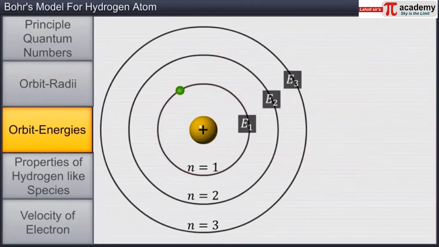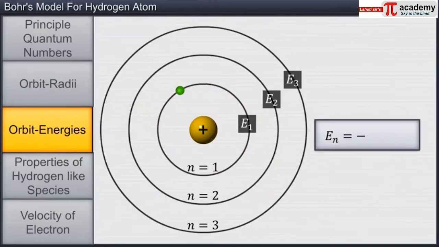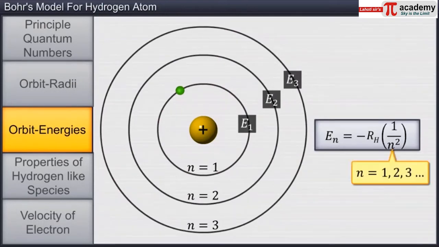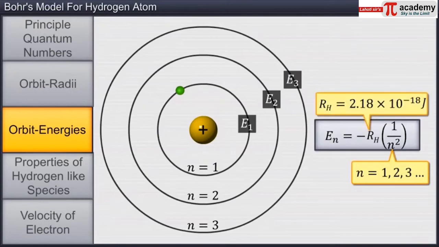The energy of a stationary state or orbit is given by the equation energy of the nth orbit, En, is equal to minus RH multiplied by 1 divided by n squared, where n is the principal quantum number of the orbit and RH is Rydberg's constant, whose value is 2.18 multiplied by 10 raised to the power minus 18 joules.